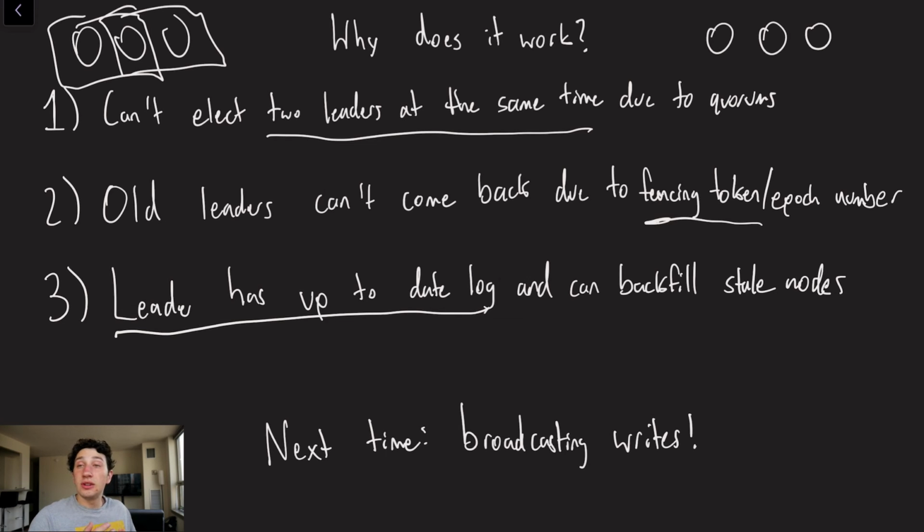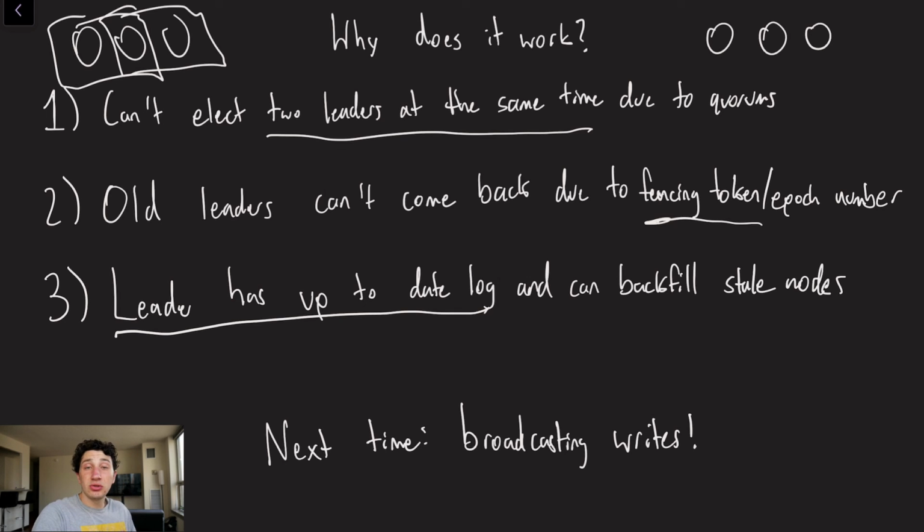However, if that node is more up-to-date than the leader, it means that that write must not have gone to a majority of the nodes, because if it had gone to a majority of nodes, then the leader could not have been elected in the first place. Recall that the leader's log needs to be more up-to-date or equal to a majority of nodes. So any write that is more up-to-date than the leader can't be on a majority of nodes. Hopefully that makes sense. Not that important for the proof, but interesting stuff nonetheless.